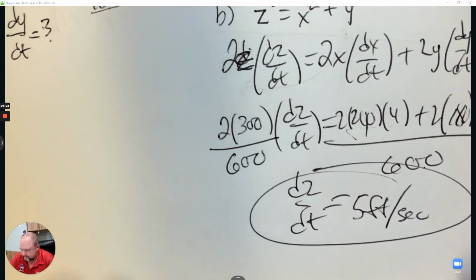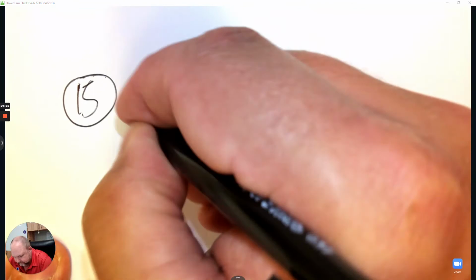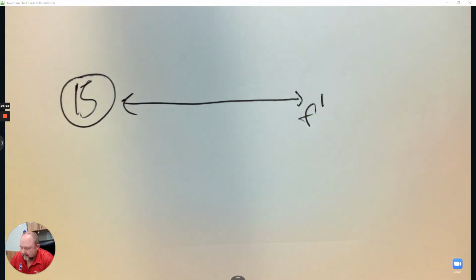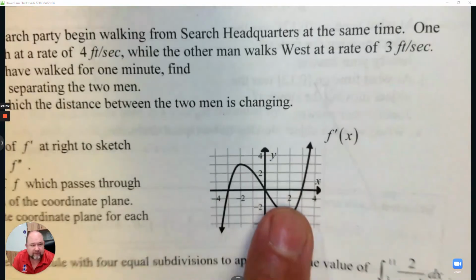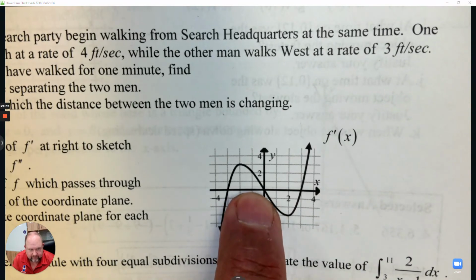Number 15. In number 15, you have a graph of a derivative. I'm going to draw a derivative line. So when I look at a graph of the derivative, look for the x-intercepts: -3, 0, and 3.